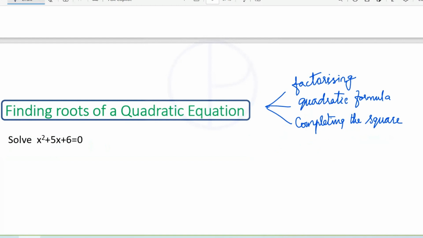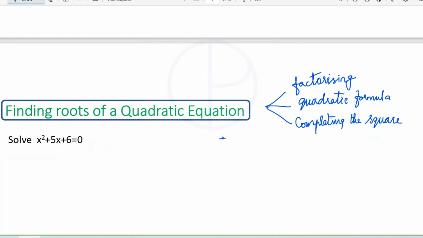First, let us solve this equation by factorizing. If you factorize x square plus 5x plus 6 equal to 0, what will you get? When you multiply the two numbers, you need to get the product as 6, and when you add those two numbers, you need to get the sum as 5.